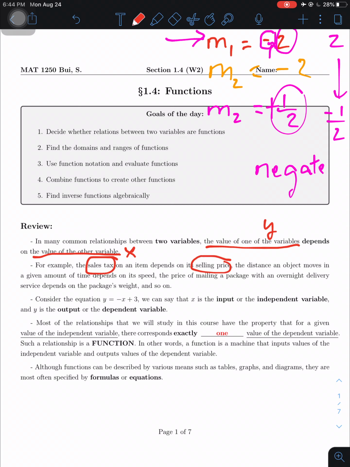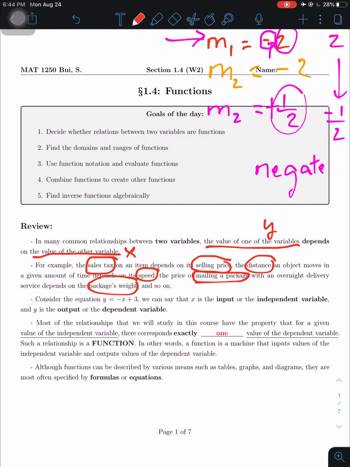And another example, the distance an object moves in a given amount of time depends on the speed. And another example, the price of mailing a package with an overnight delivery service depends on the package's weight. And there are many more examples like that in real life, right?